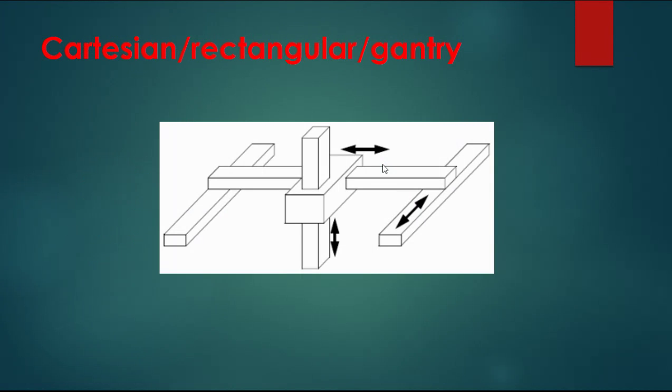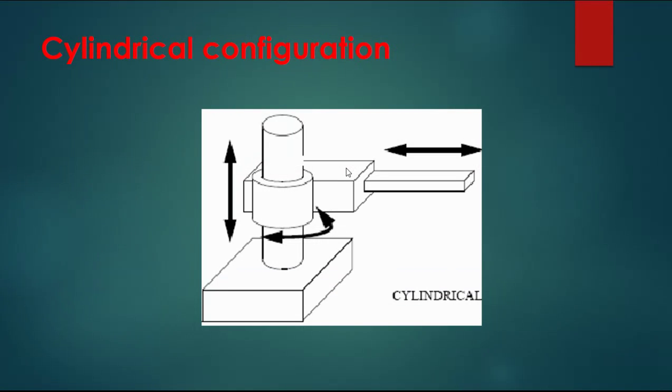You can see the Cartesian or rectangular or gantry type robots. These have links and joints linear to the XYZ axes. That's why the work envelope made by such robots is rectangular, so it is called rectangular robot configuration.